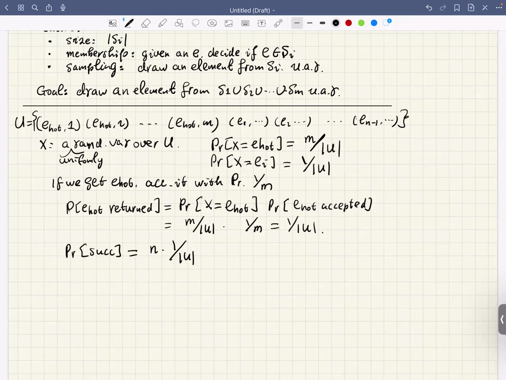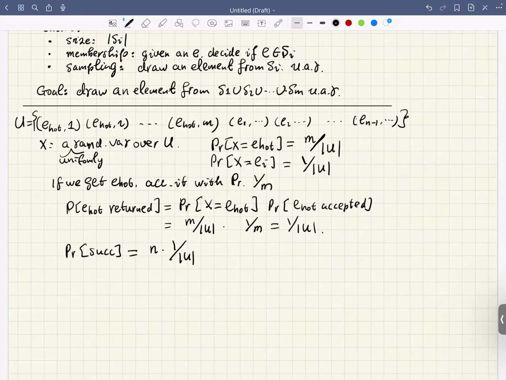So it will be U over N. In this special case, we're able to see that the expected running time of the whole sampling algorithm is U divided by N. Okay, U divided by N, so that would be the expected running time.